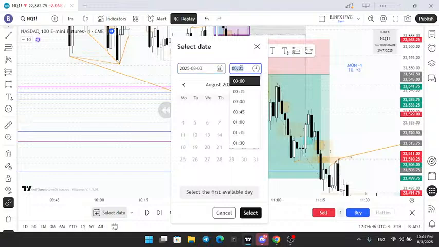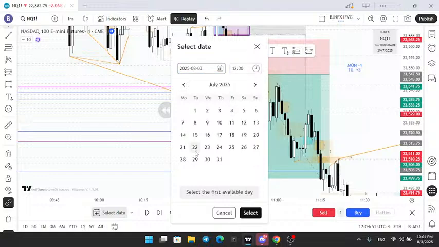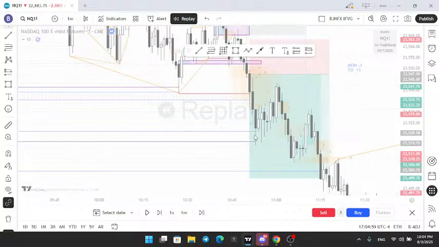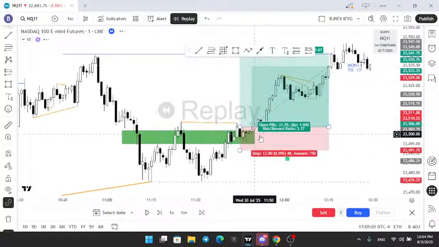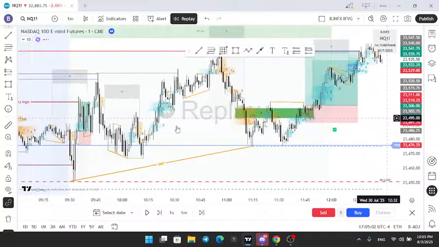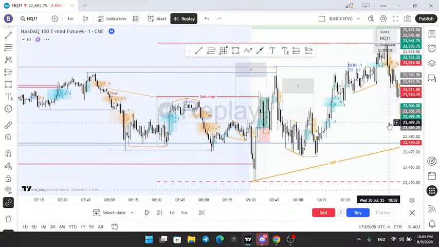Going to Wednesday. Actually, Wednesday generated the most profits of this week.